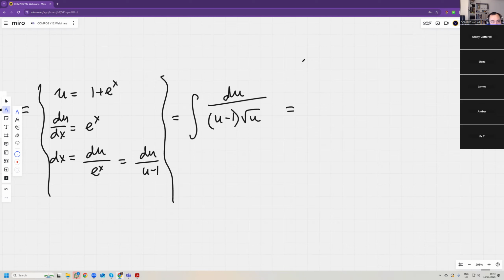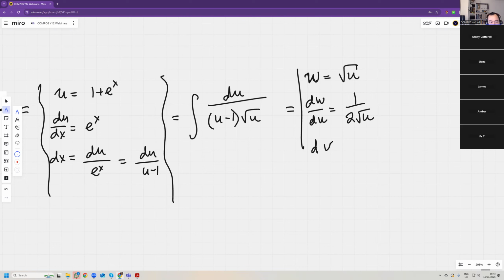Now I do another substitution. w is equal to square root u. dw du is 1 over 2 square root u. So du over square root u can be replaced as 2dw.